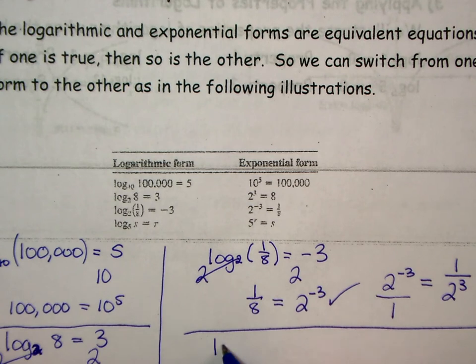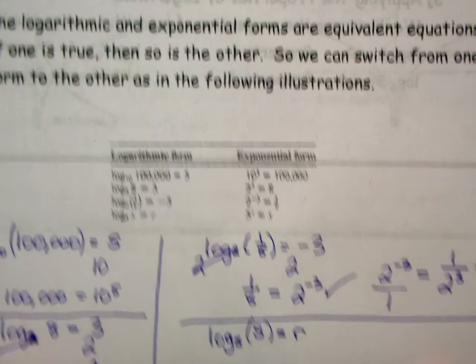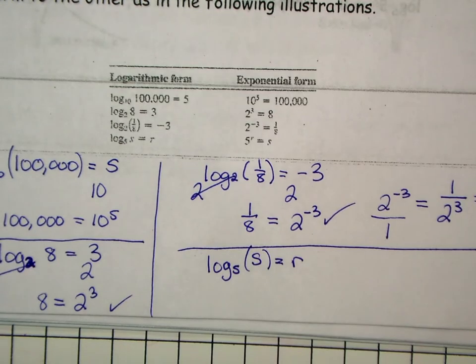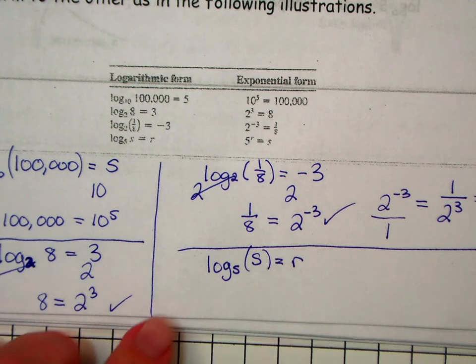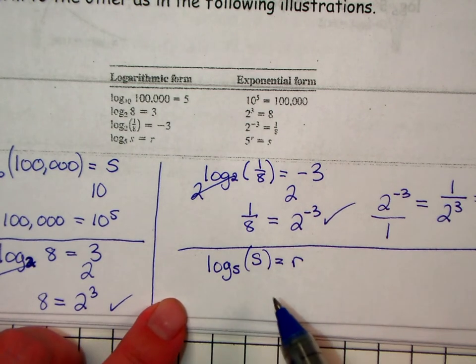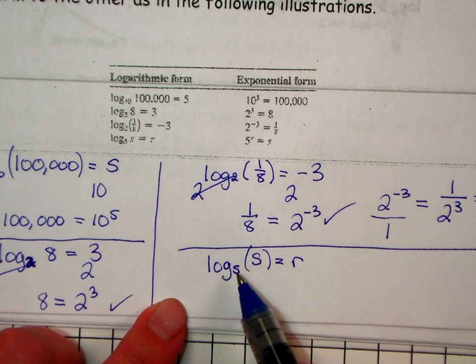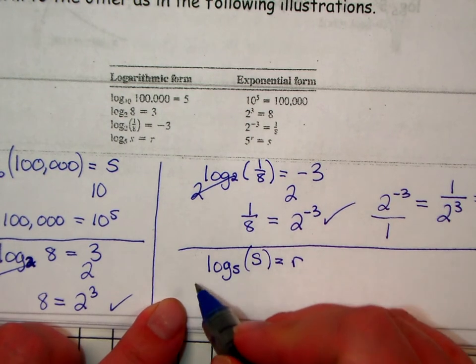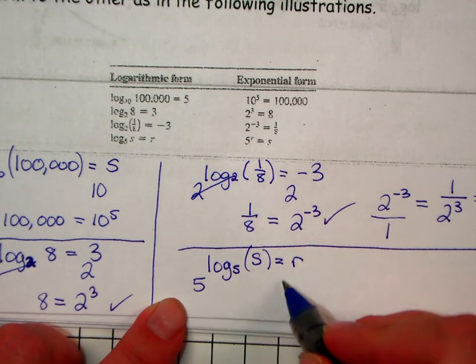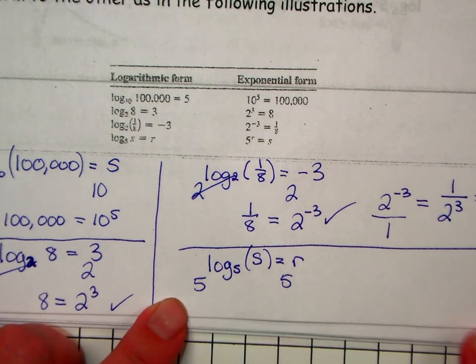Letters are kind of hard to read. I think it says log base 5 of s equals r. Right? So this one we can't really evaluate. We can just write it in its exponential form. But the exponential form we can get by canceling the log. So this is log base 5. So if I want to cancel log base 5, I'm going to raise both sides by 5.